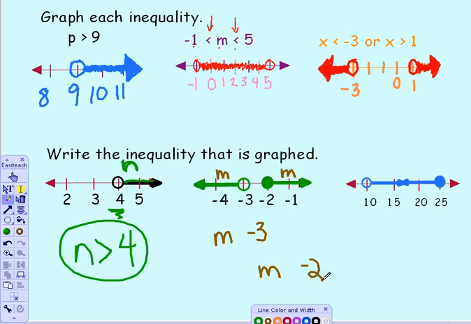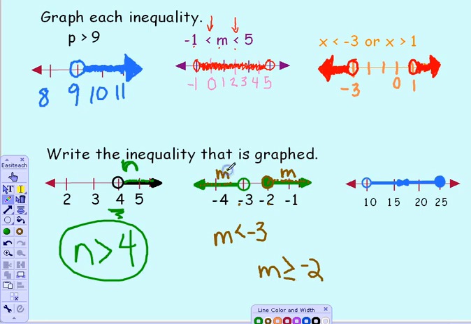Okay, so what have we got going on here? We've got all of these numbers that are smaller than -3. So we want m to be less than -3. Over on the right, we've got all these numbers that are greater than -2. So we want m to be greater than, this one is a filled in circle. This dot is colored in. So that means it could also be equal to -2.